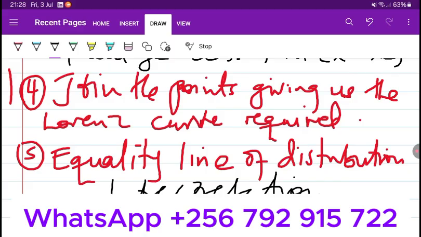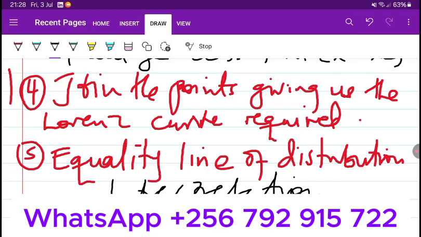And that's why we put what you call the equality line. We do that equality line of distribution to see if indeed the variables under study are distributed equally, mainly from the economic point of view.